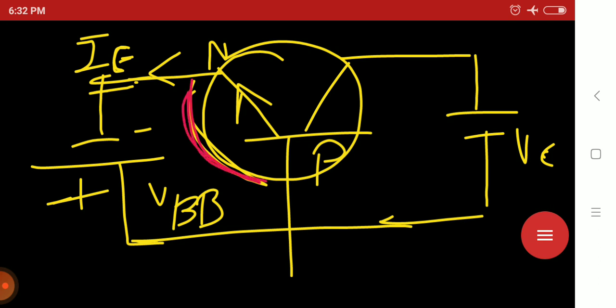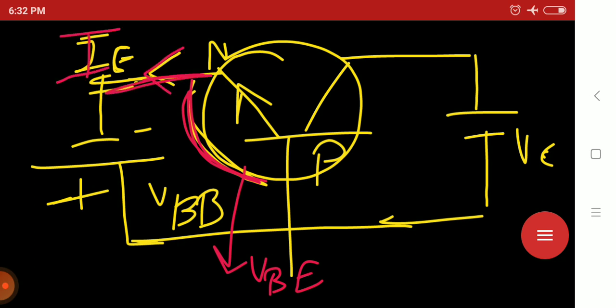This thing is the VBE voltage. From here a current is going, that is the emitter current IE. Here a current is going, that is IC, the collector current. I have drawn it as common base, which means the base is common here, the common junction.